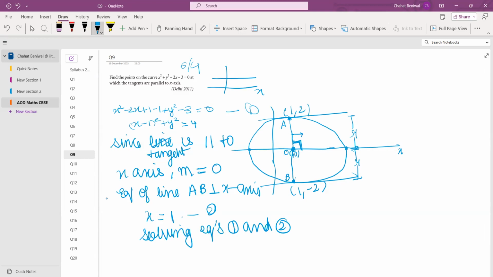I think it's not a 6 or 4 mark question. I may be wrong. It's 2 or 3 marks. So then you'll solve these equations and you'll get 2 values of y as you are seeing here. Okay. And then you can write the points. That's it. Moving on to the next question.